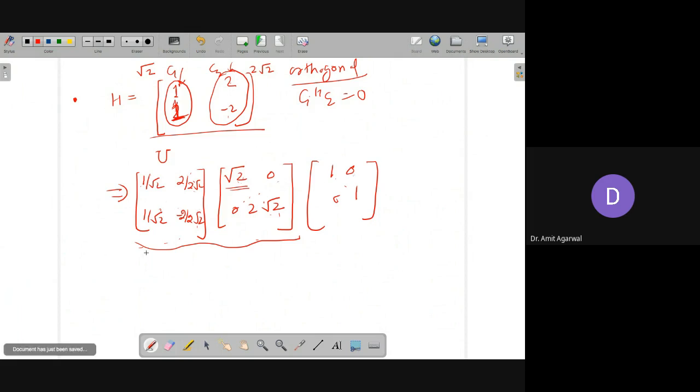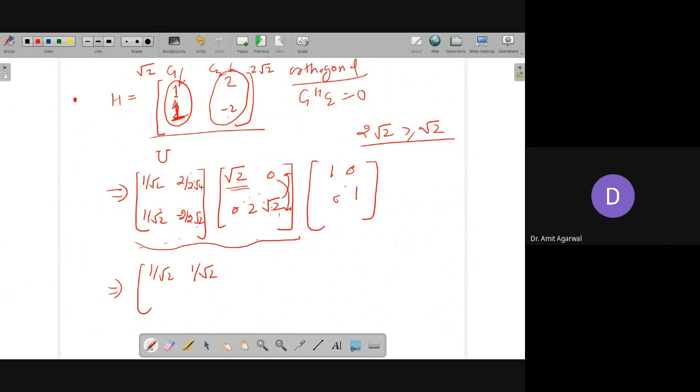Now we have to do the same thing. What we have to do? We have to check the order. Order of the singular values should be arranged in decreasing order. So 2 root 2 must come here. So for this, what we have to do? We do first row swapping and then the column swapping. And when we do the row swapping, we have to swap the column of this.